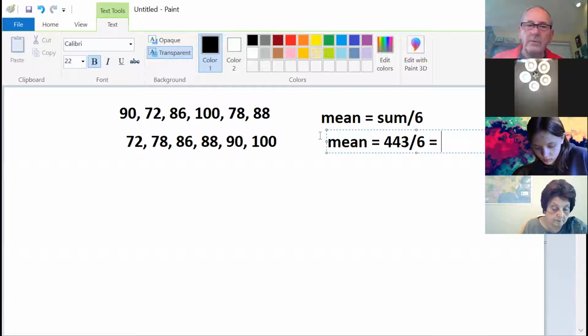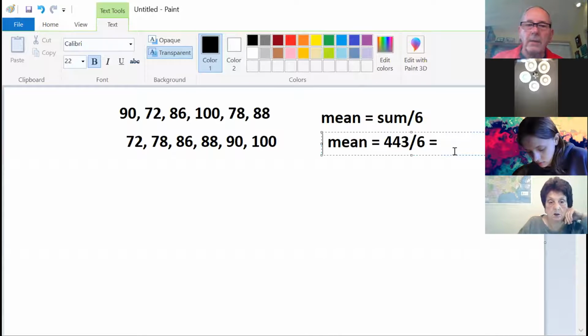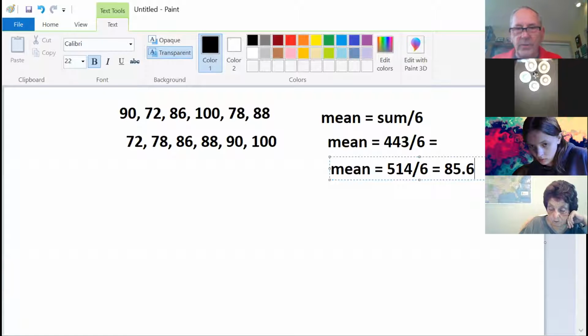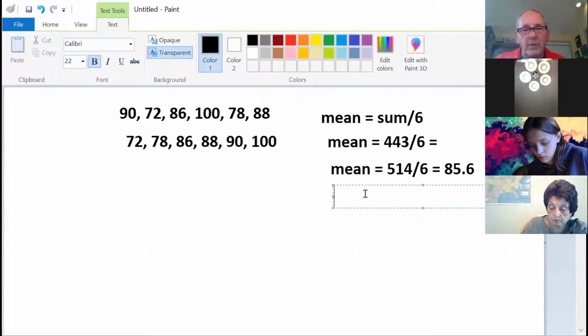Okay, I'm going to put it down below here. So the mean is equal to 514 divided by 6, and what's that? 85.6. Thank you. That makes more sense, so I'll take that as the mean. So what do we say about the mode? The mode is what?